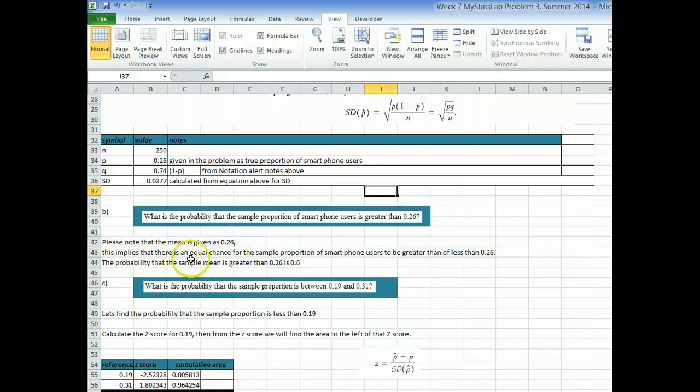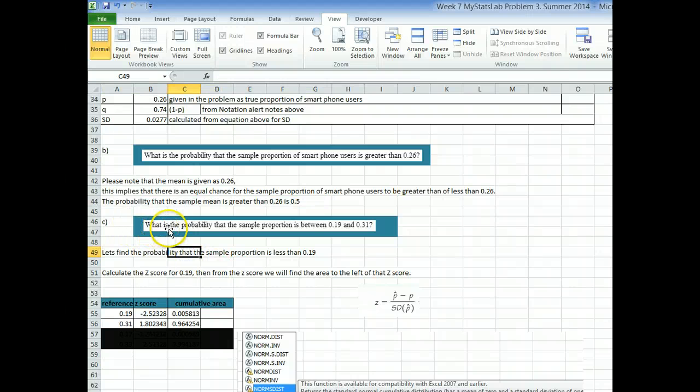This implies that there is an equal chance that the sample proportion of smartphone users will be greater than or less than 0.26. So the probability of being greater than 0.26 is going to be equal to 0.5, and not 0.6 as I've written there. I'm sorry. It is 0.5 because 0.26 is the mean.